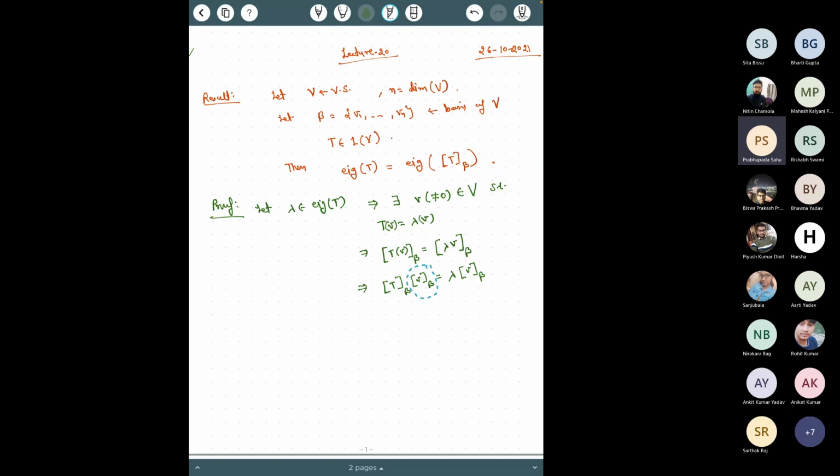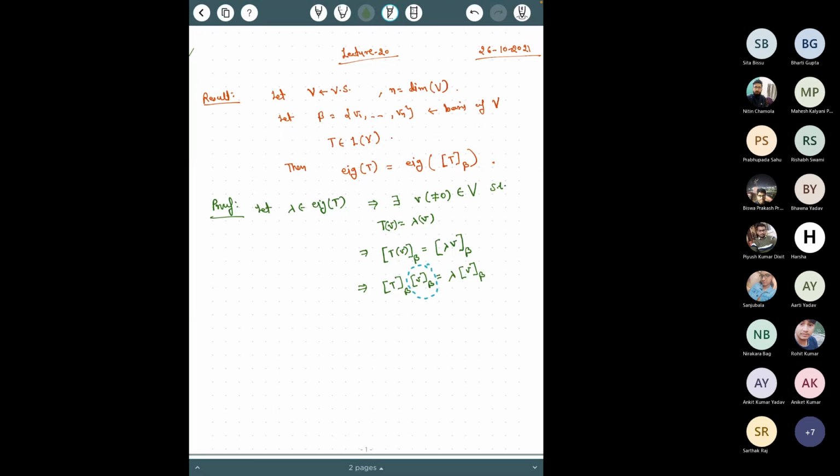Yeah, v is not equal to 0, and this vector contains the coordinates of v when you write v in terms of the basis elements of V. So at least one of them would be non-zero because v is non-zero, and therefore this vector is not zero. This is also a vector.